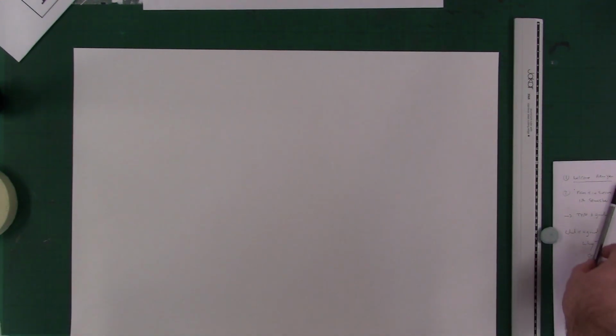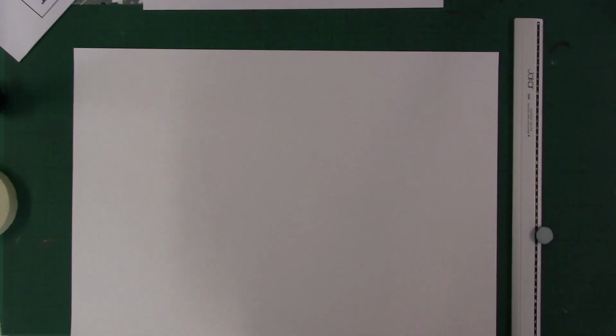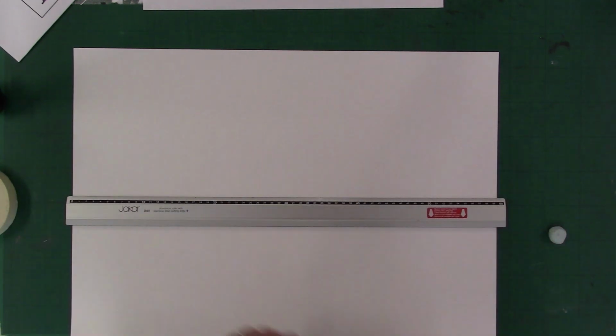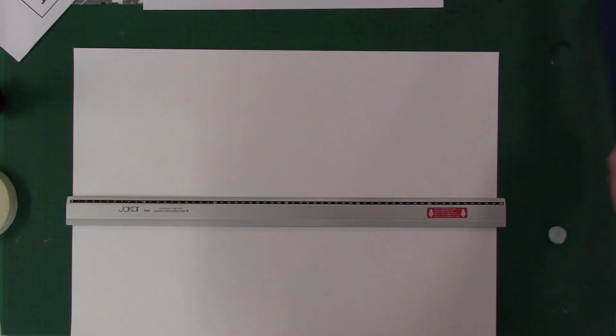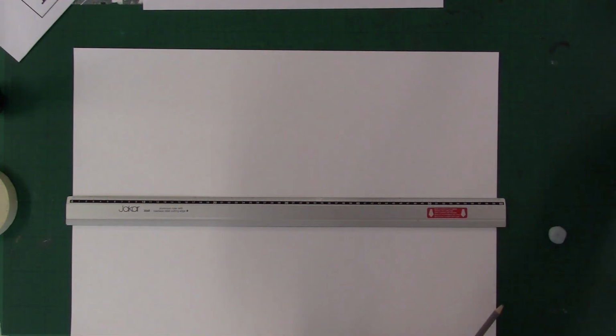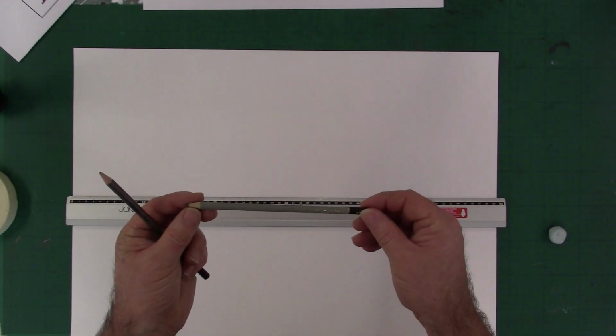Also, before I start, what equipment do we want you to bring in for the first session? Number one, you'll need your ruler. You will also need a pencil. Not that one, it's obviously too big. What we recommend is probably an H pencil, very sharp indeed.